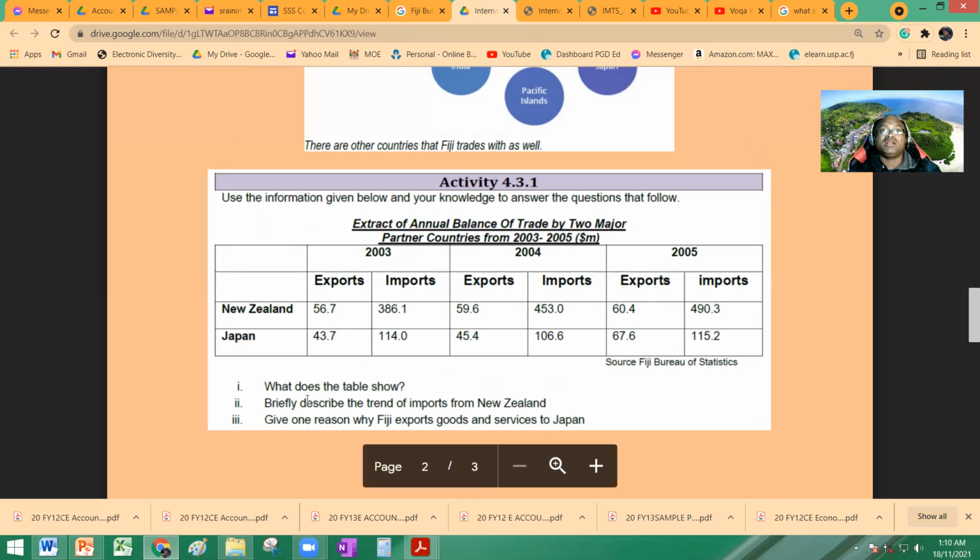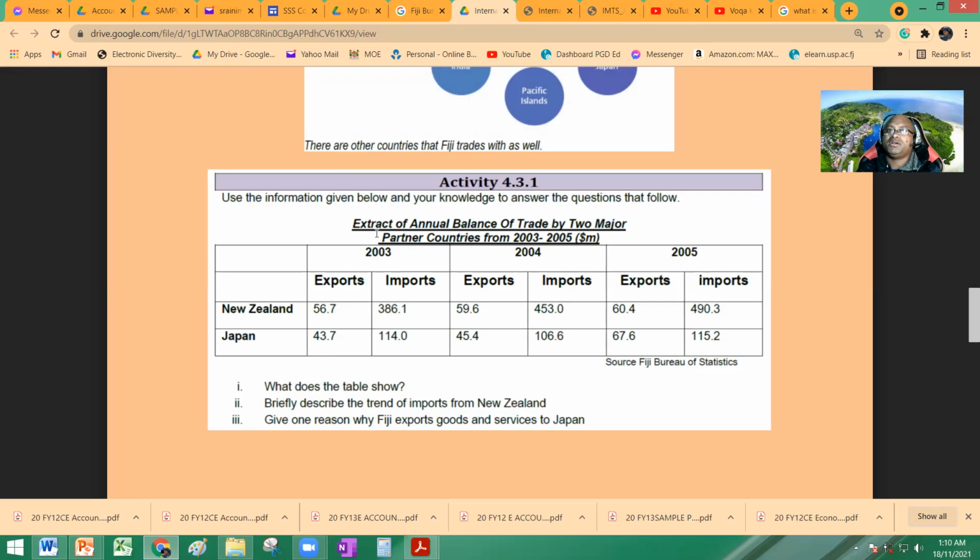And then, what does the table show? So in this kind of question, look at the name of the table. It says extract. Extract means part of the other stuff has been taken out. It's part of the information only. Of annual balance of trade by two major partner countries from 2003.